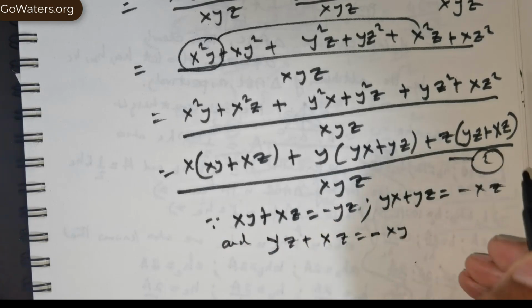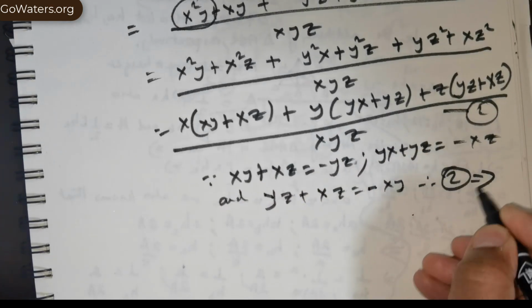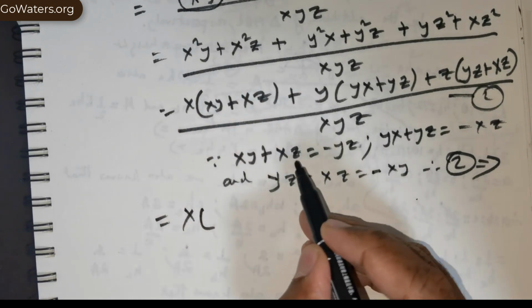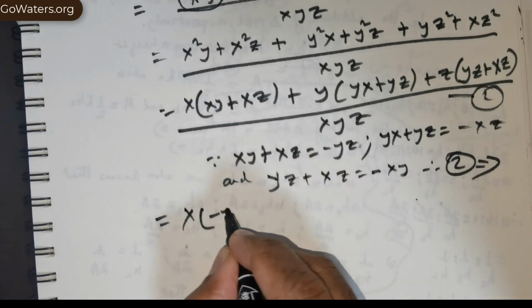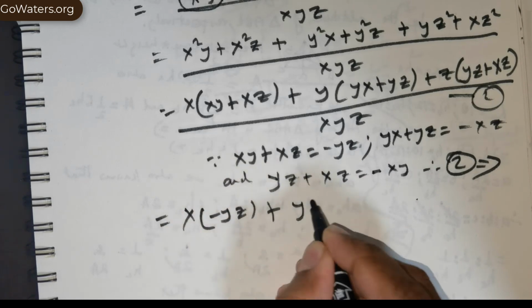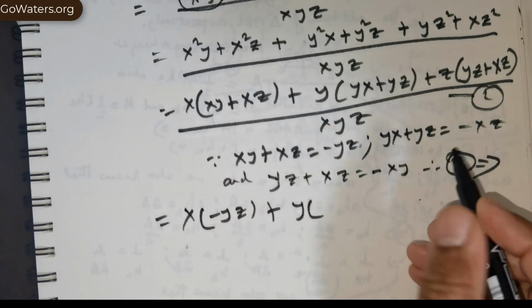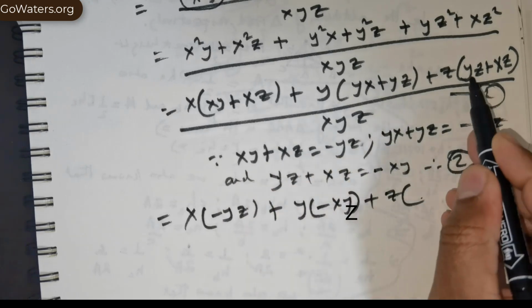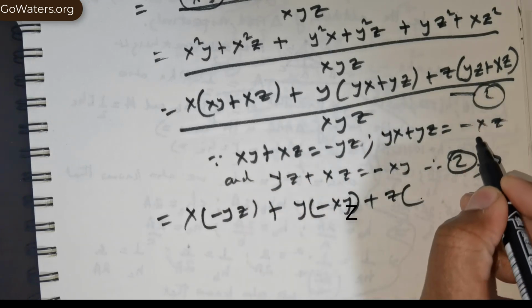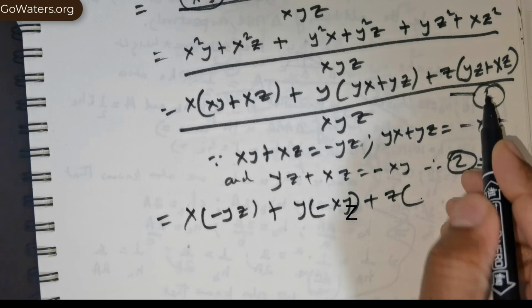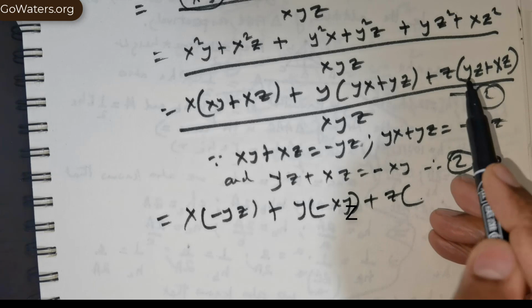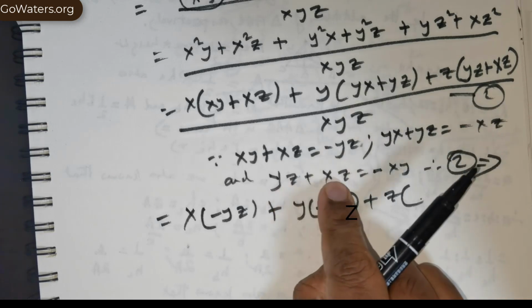In place of this, I'm going to substitute negative yz. In place of this, I'm going to substitute this. This is yz + xz.